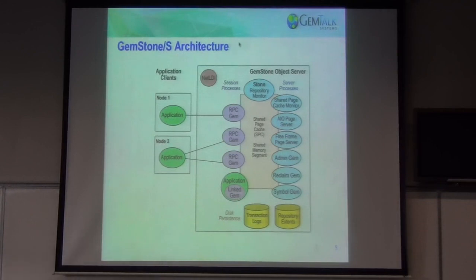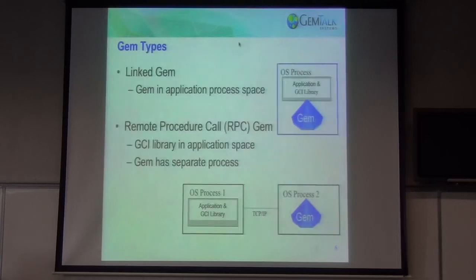And so we have on the right-hand side some server processes, and on the left-hand side some application processes, session processes. I'm going to describe those a little bit more in detail. We can have different types of gems. One is a linked gem, the other is remote procedure call, or RPC gem.